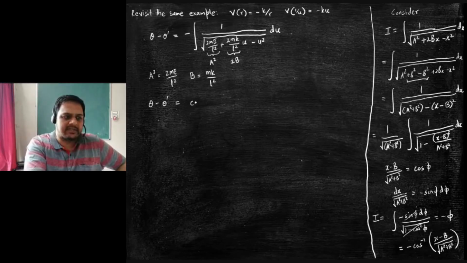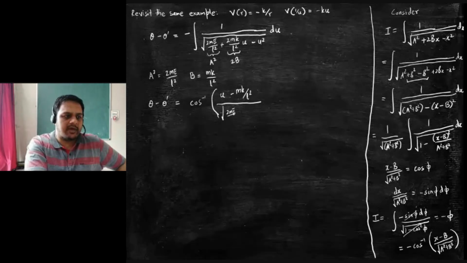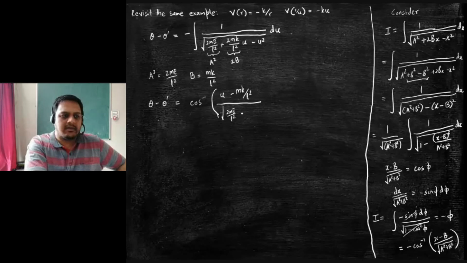So you get this as cos inverse x is u, b is mk by L square. Denominator is square root of A square, which is 2me by L square, B square is mk by L square the whole square.